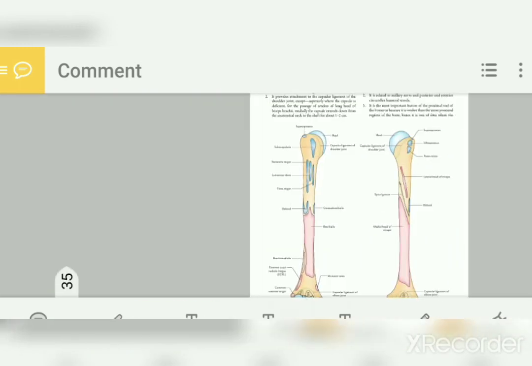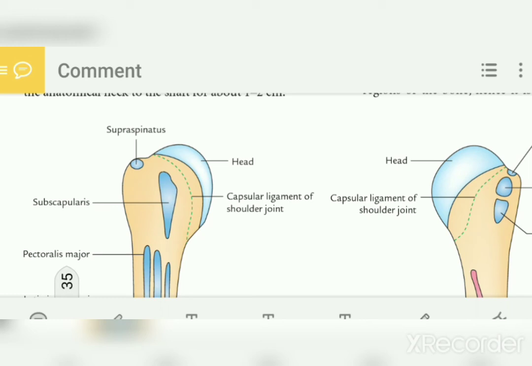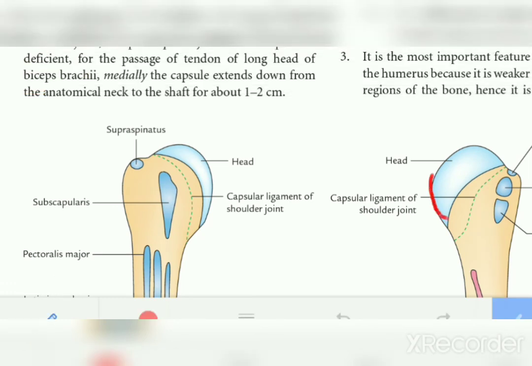Look, we can have a view of the head. This head is almost round and it forms not a full sphere. It looks like 1/3 of a sphere. Its margin is smooth, rounded, and it forms a joint with the glenoid cavity of the scapula, that is the shoulder joint. There is a capsular ligament of the shoulder joint. It's not clearly visible. There is an articular hyaline cartilage.